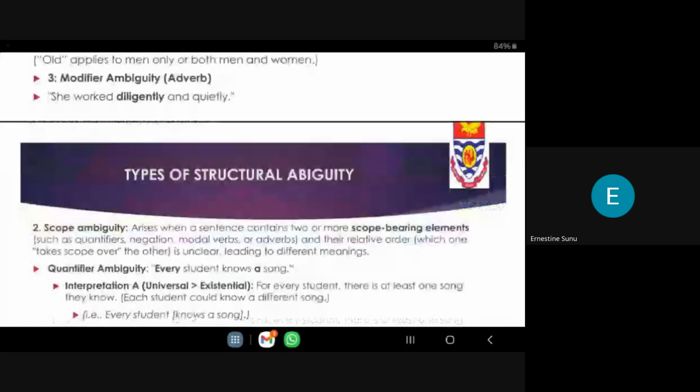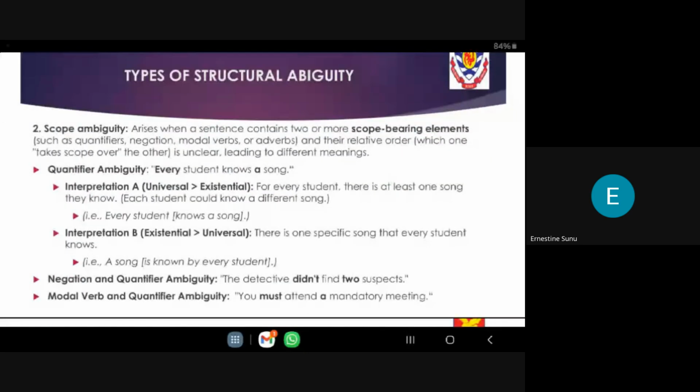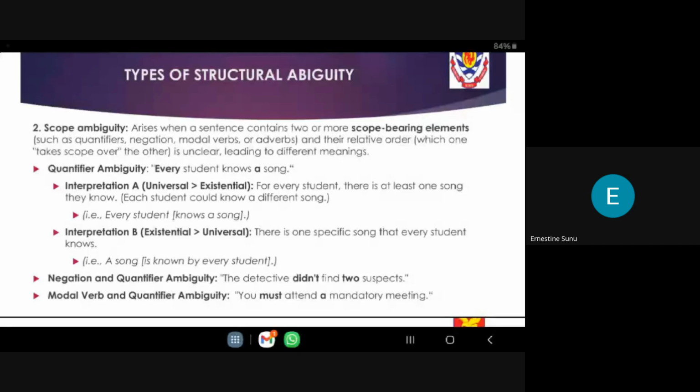The next one is scope ambiguity. As we all understand, scope is about the depth or how wide something is. So this is about whether what you have said covers a few people or a lot of people. It has to do more with degree words such as only and what have you. It has to do with also indefinite pronouns.